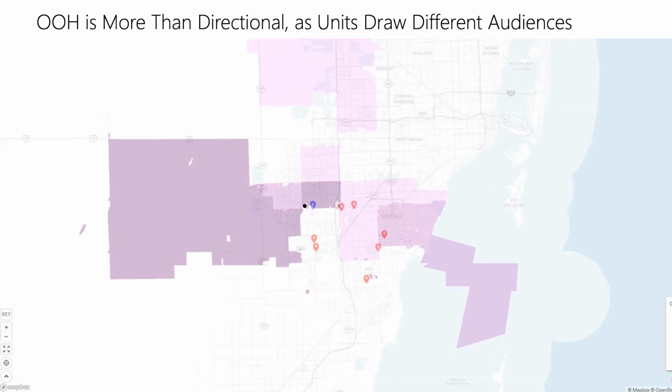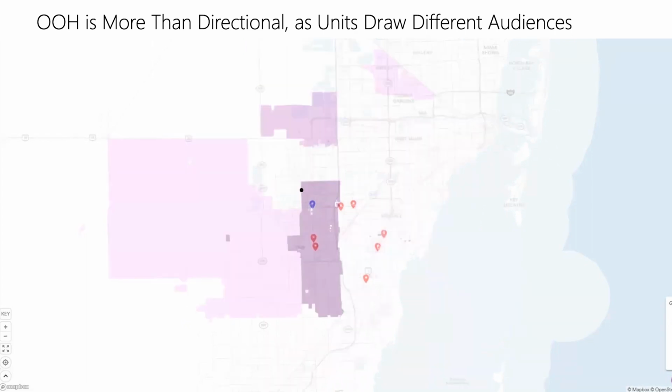Yes, and it would also be part of the conversation, because what audience are they interested in reaching? Is this unit going to provide them with more than that directional sign? Is that the audience that they want? Or should we advertise in another location based on the audience that they want to go after? So it's not about the location so much. There's more to the story. Right, right.